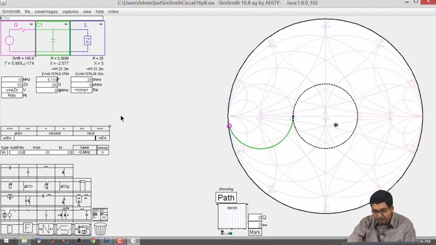Now, in order to reach the point in the middle, one of the most important things is we have to come from the load, we have to come down. If you are going to add a parallel or a series capacitor, you will be coming down on the negative half plane and you will have to intersect one of the circles which goes through the middle of the Smith chart.